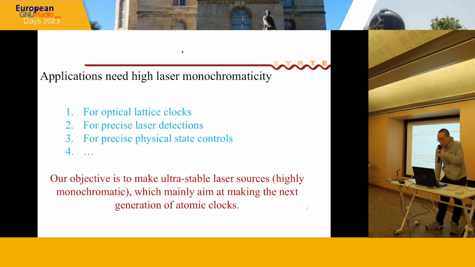The narrower the laser linewidth, the more capacity the system usually has. Our objective is to make ultra-stable laser sources, which are highly monochromatic, mainly aimed at making the next generation of atomic clocks.